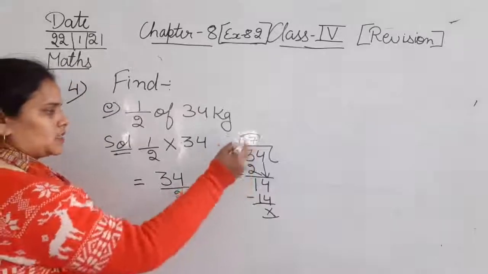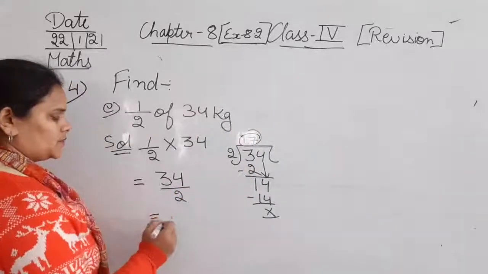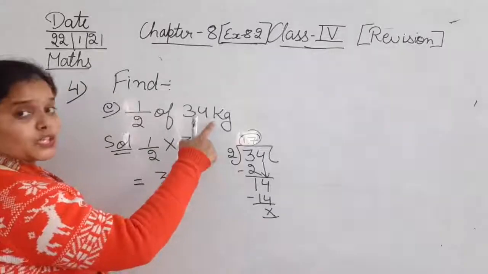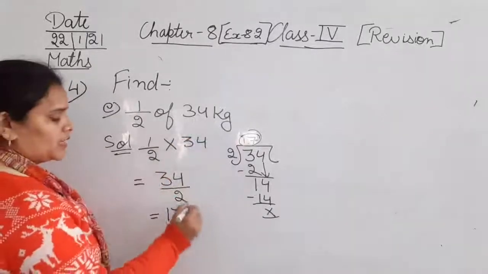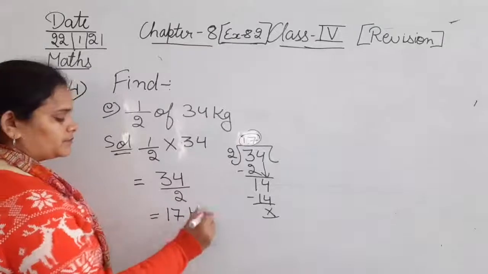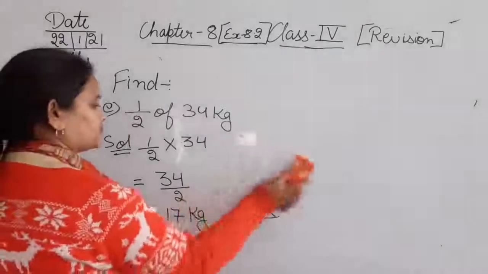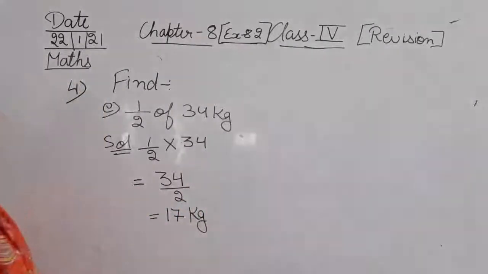That is 17. So that is 17 what? 17. The unit is kg. So we will write 17 kg. Okay. Therefore, now we have found the solution.